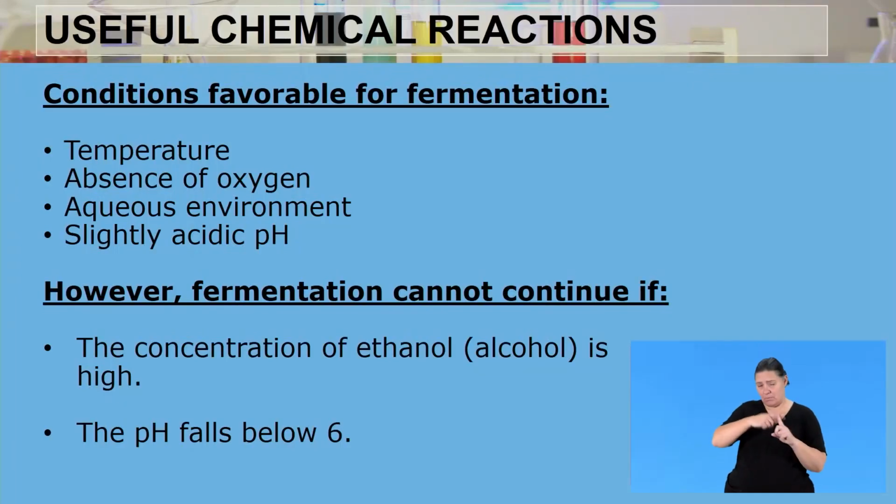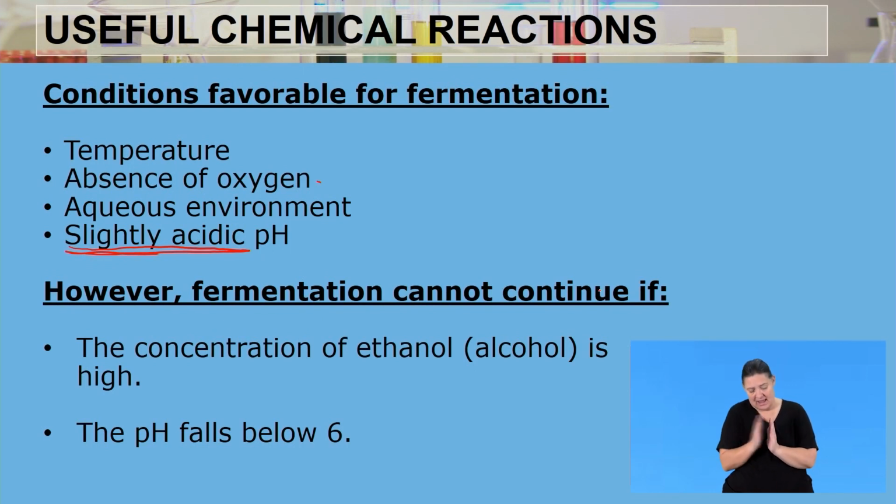Now, when does it happen? What are the favorable conditions for this process? Number one, there must be optimum temperature. There shouldn't be oxygen in the reaction, and it must happen in an aqueous environment, meaning in a solution. And the reaction must be slightly acidic, so the pH must be just less than 7.